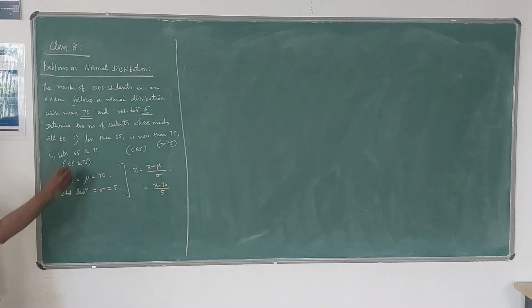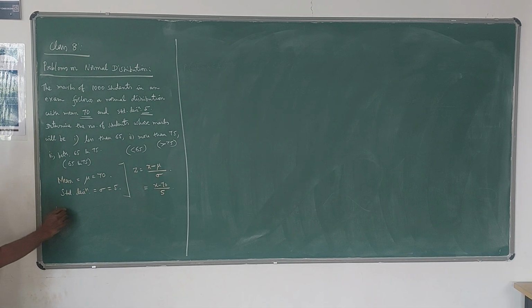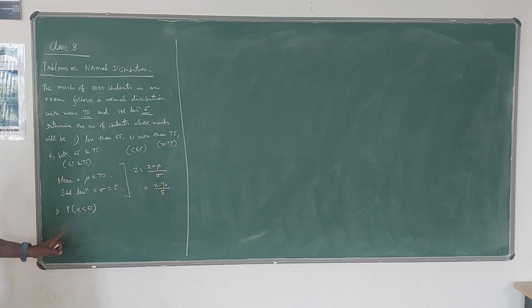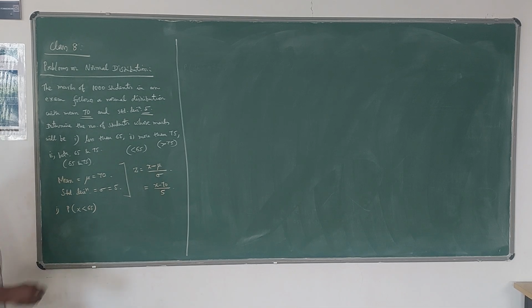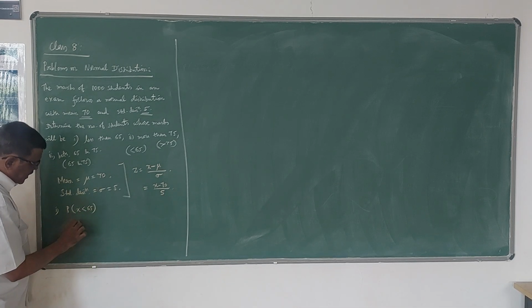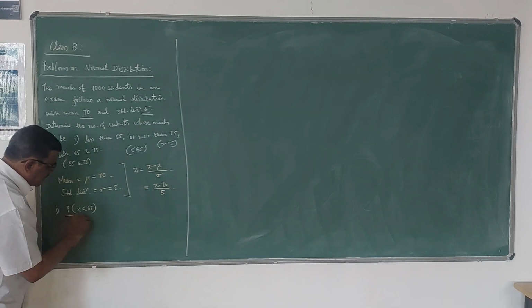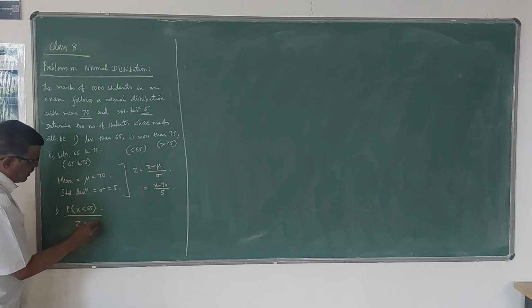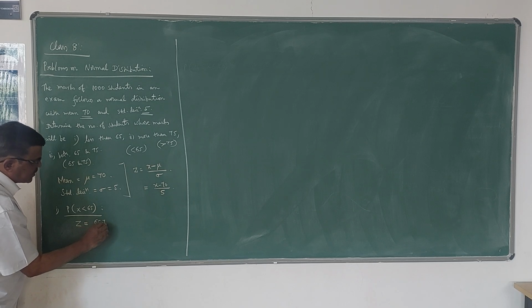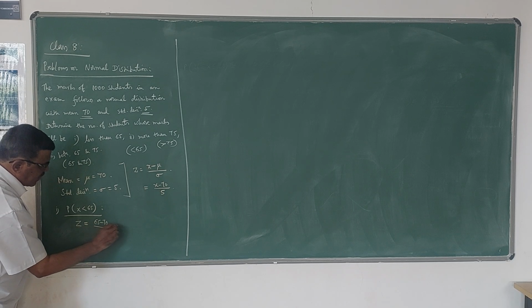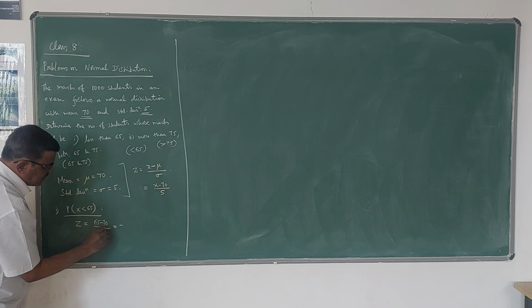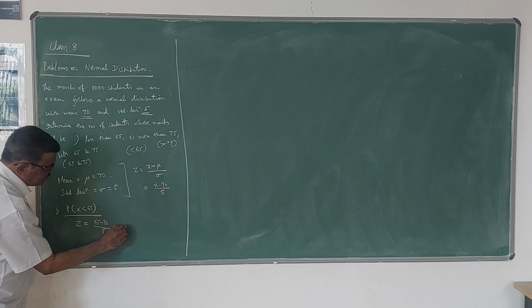Now, one by one we will take. First one, I have to find the probability of x less than 65. This is the mean, x is the marks. When x is less than 65, z will be 65 minus 70 divided by 5, which is minus 1.